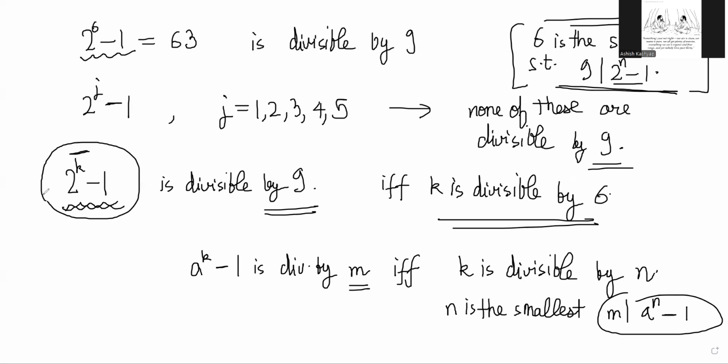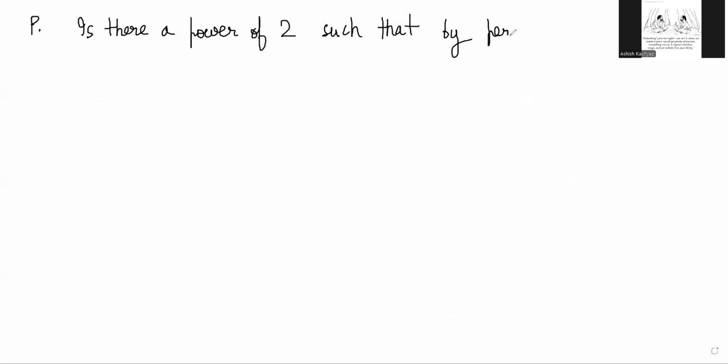Okay, let's do one more problem to reinforce what we have learned so far. So this problem says, is there a power of 2 such that by permuting its digits, we can obtain a different power of 2?